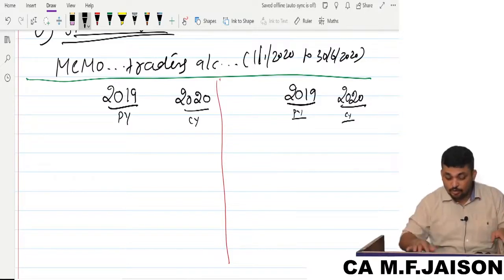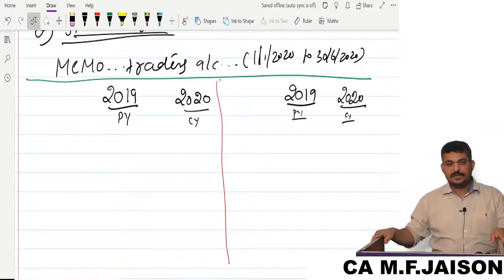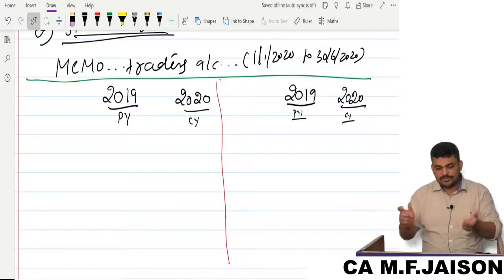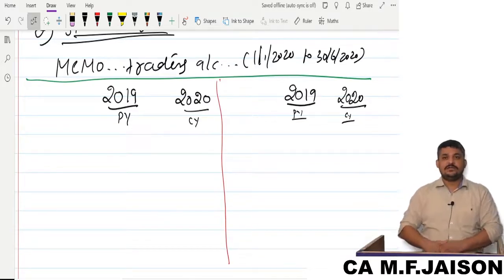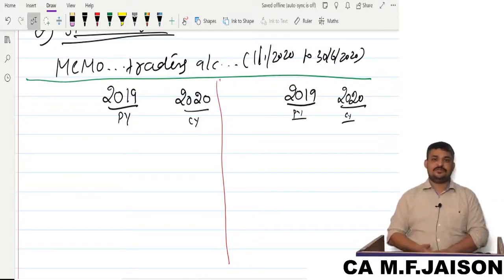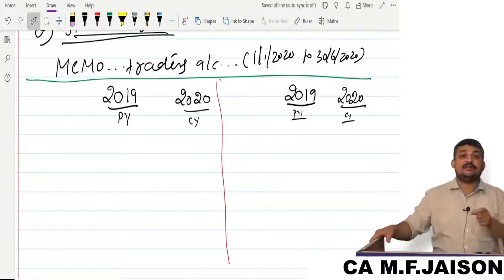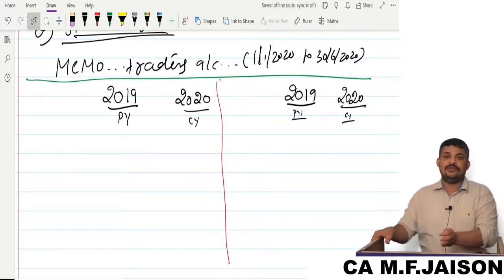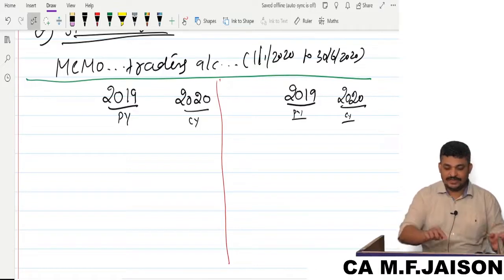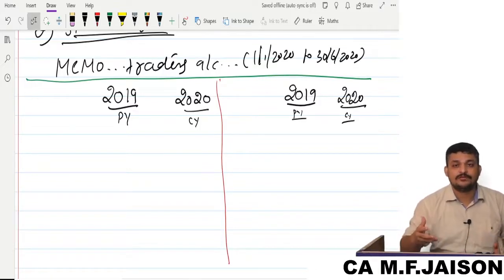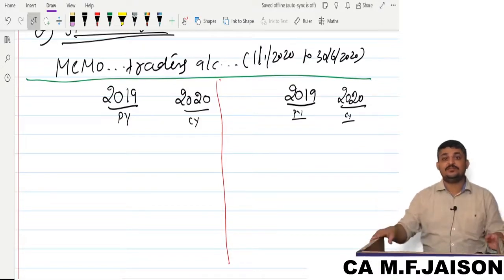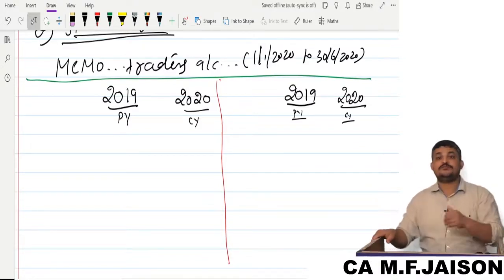Like this, I am taking two columns here. 2020 column will have, it's a simple trading account, the 2020 information. 2019 column will have... No, it's not 2019 information, it is 2020 information at 2019 price.